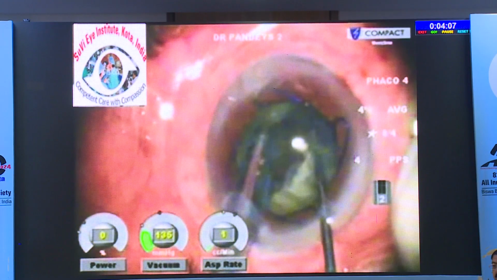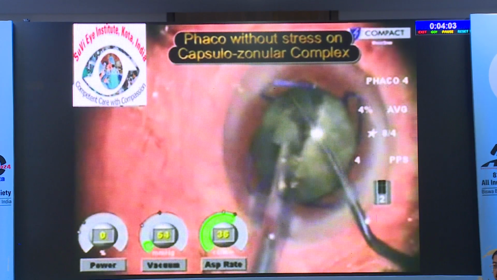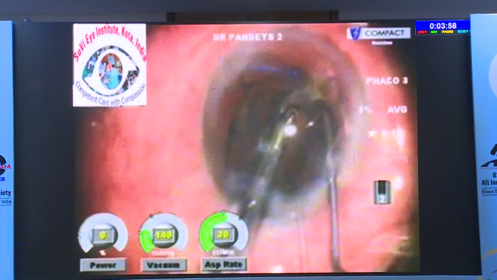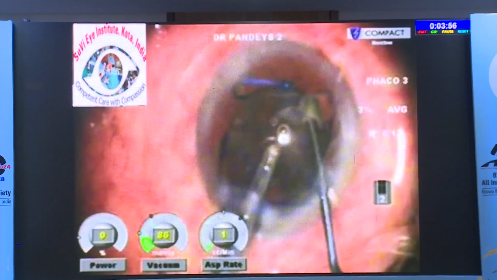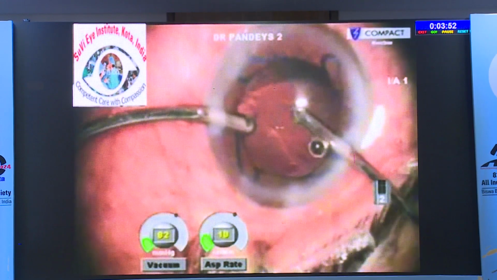and minimal hydrodissection with minimal fluid, then the phacoemulsification should be in the center, with low parameter phaco, low bottle height, and low flow to avoid stress on the zonules as well.